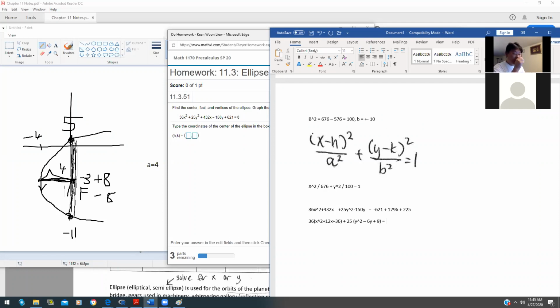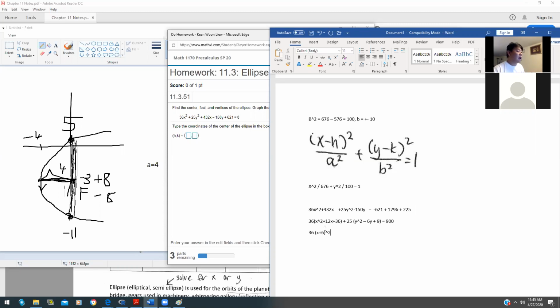What you do next is add up all these numbers. So 225 plus 1296 subtract 621. This will give you 900. Now these three terms, you can factor, and the factor is a perfect square, x plus 6 squared.